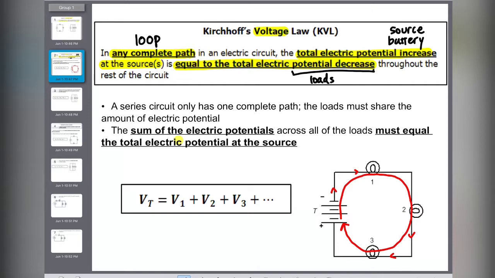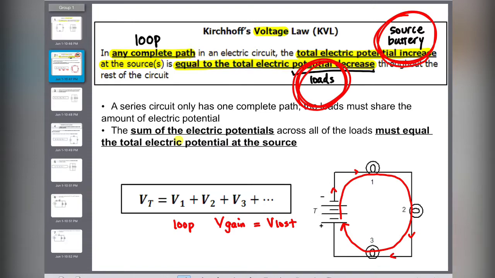They're telling you that in this particular loop, the total voltage gain is going to equal the total voltage that is lost. Keep in mind, you always gain at the battery and you always lose at the load. How many batteries does this electron go through?